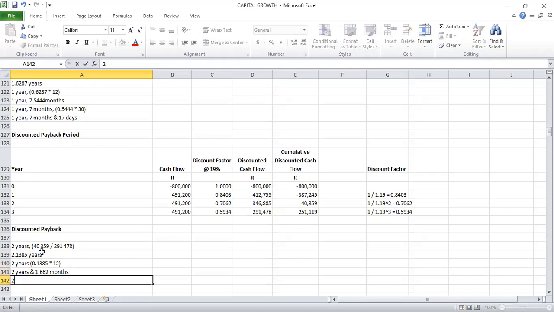Then we can say 2 years, 1 month, and then we say 0.662 multiplied by 30, the number of days in a month. So you get 2 years, 1 month, and what do we get?